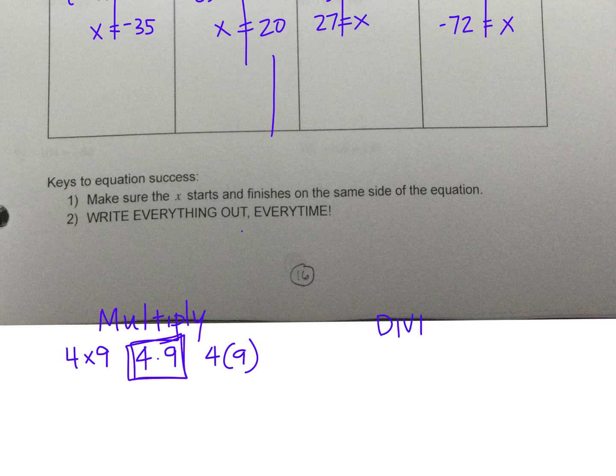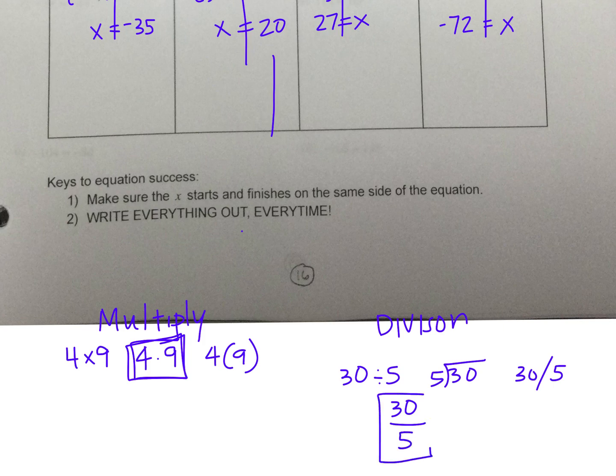For division, I can have 30 divided by 5. We use that old school little divide sign. I could have 30 divided by 5 with a slash. In your calculator, when you type it in, it's going to look like 30/5. In Happy Math Land, it's going to look like a fraction, but I know it means divide.